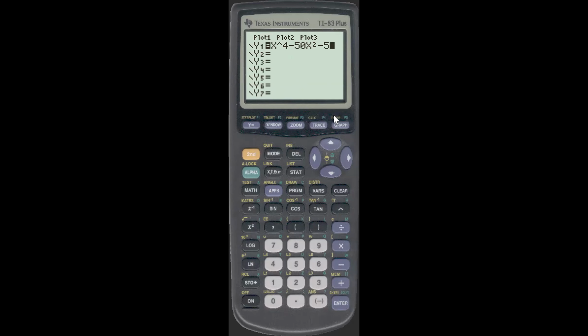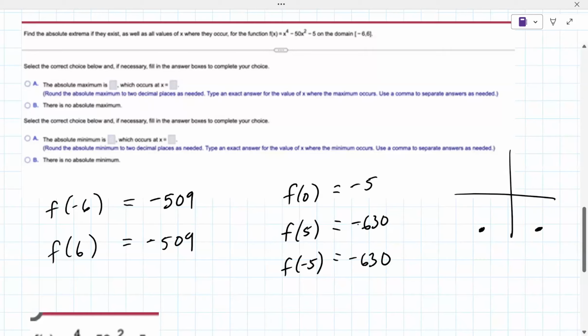So you actually go to table, which is second graph, and you'll see there that it's giving you the y values for those x values. That's another way to do it to save you time. So it's up to you. You might want to practice one or two, but that would definitely be worth looking at one more time to help you out here.